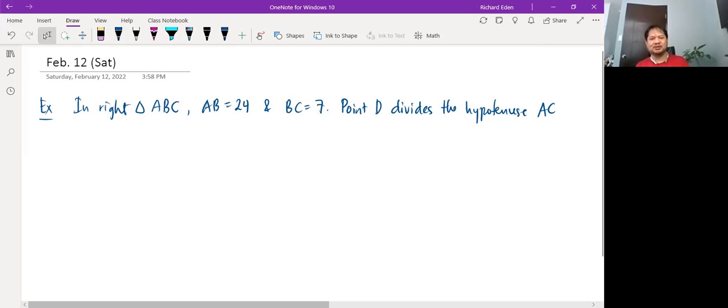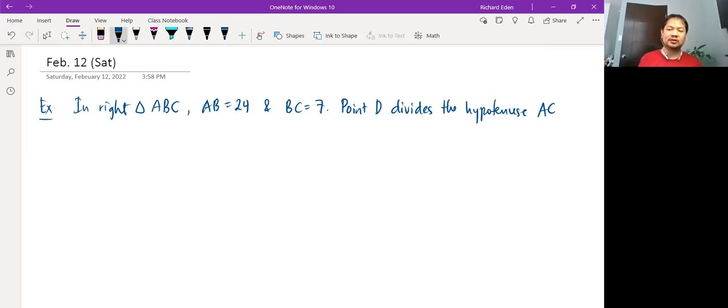Earlier it wasn't clear yet which is the hypotenuse and where the right angle is, but now the hypotenuse is AC. That means the right angle is at point B. Point D divides this hypotenuse such that AD over DC equals 2/3. Find BD.